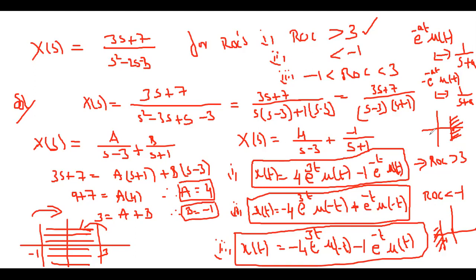Then another example in the inverse Laplace transformation, using the differential equation. What is a differential equation? D square. In the Fourier transformation also we did some examples.